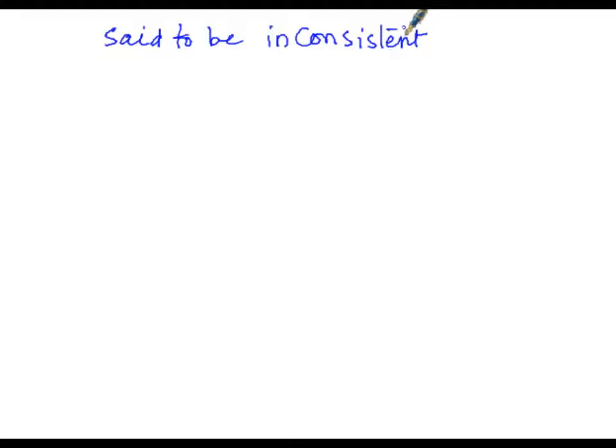So there won't be any values, that is, no value for x and no value for y, there won't be any ordered pair, so there won't be any solution set. Such a system of linear equations is said to be an inconsistent one.